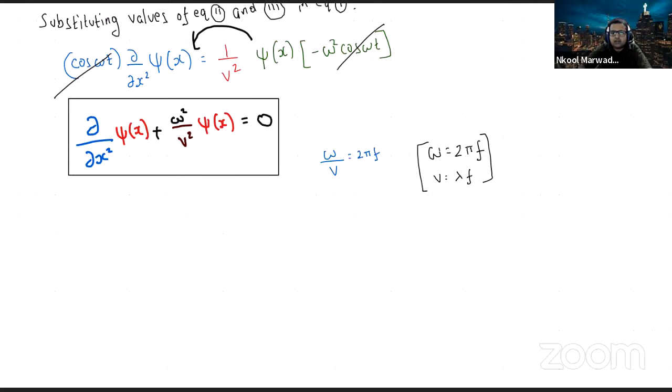The f will cancel, leaving 2 pi by lambda. And what is 2 pi by lambda? It is the wave number, k. So omega by v, we can replace it with k.